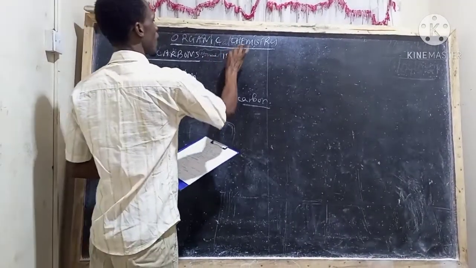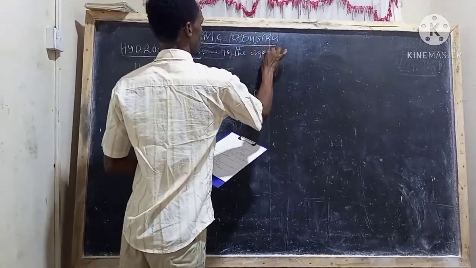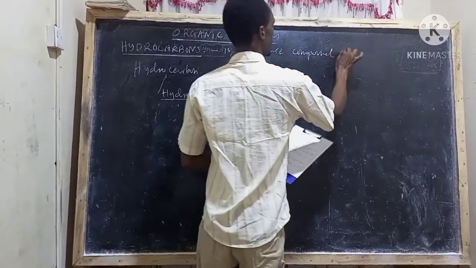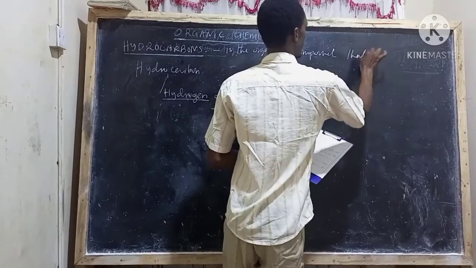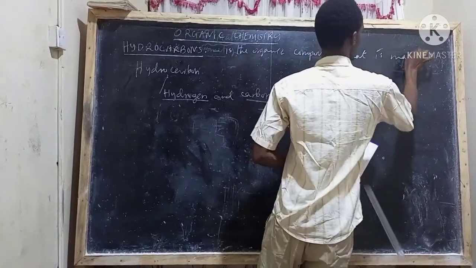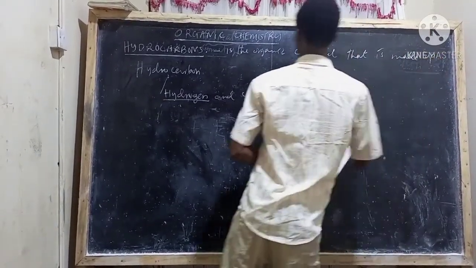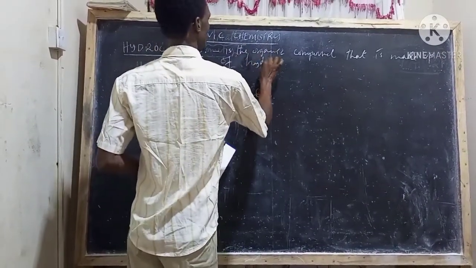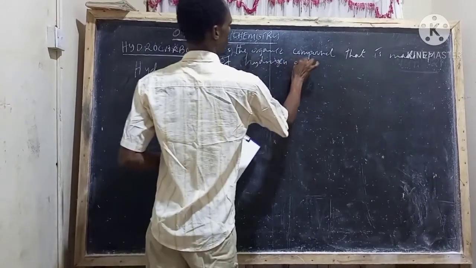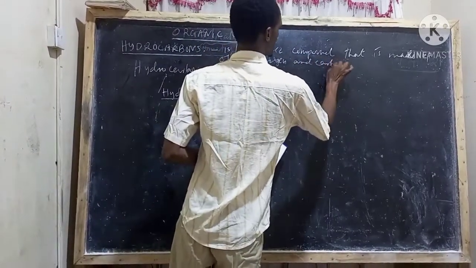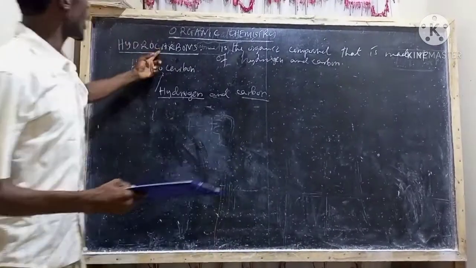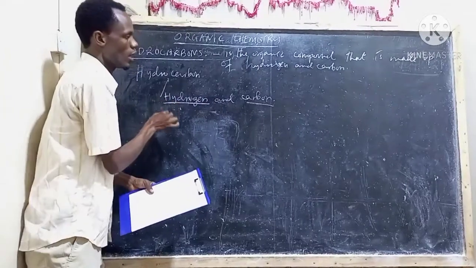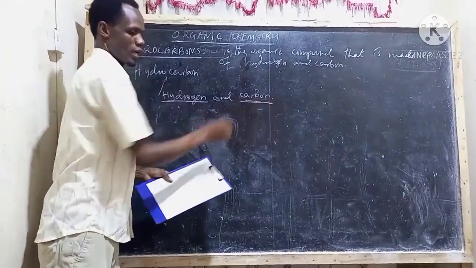Now, these are organic compounds that are made up of hydrogen and carbon. So the word hydrocarbon comes from the word hydrogen and the word carbon.